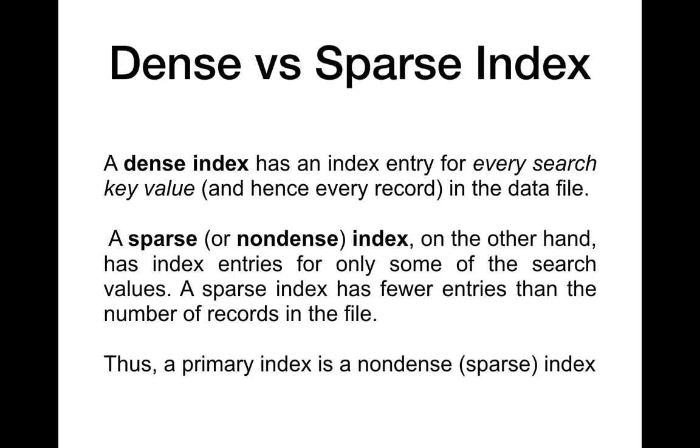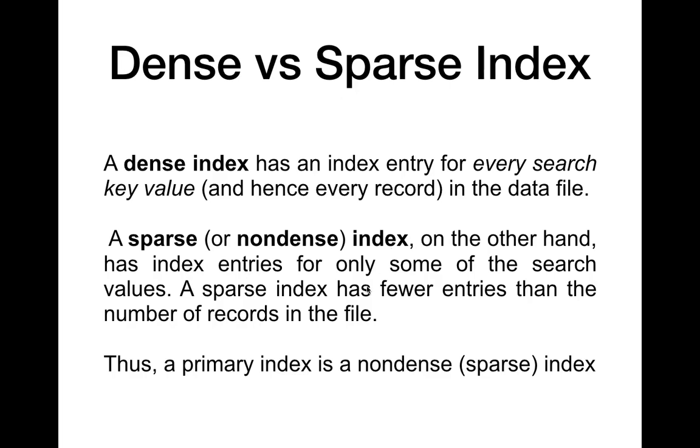Or say in the primary index example which we took, for 30,000 records there were only 3,000 index entries. So there are fewer index entries compared to the number of records. Such indexing mechanisms are termed as sparse or non-dense index. And if we have an index entry for each and every record, it is termed as dense. So primary indexing is a kind of sparse or non-dense index mechanism.